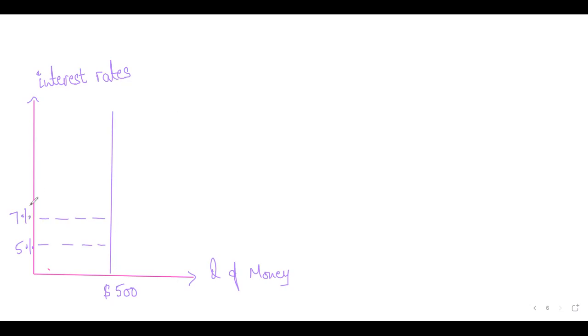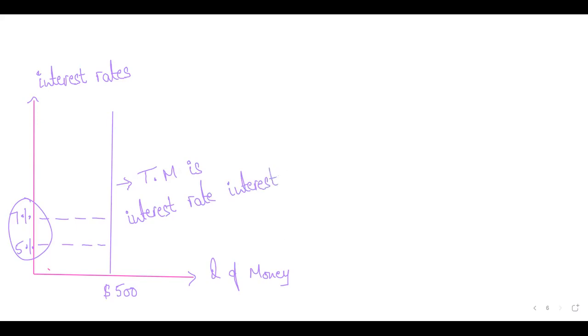So regardless of the interest rates, you will want to hold this money because you have to make some basic expenditure. So this transactionary motive, which I'm writing as TM, is perfectly inelastic to interest rate changes, which means that no matter what the interest rate in the market is, you will want to hold a certain amount in the form of cash because you need that.